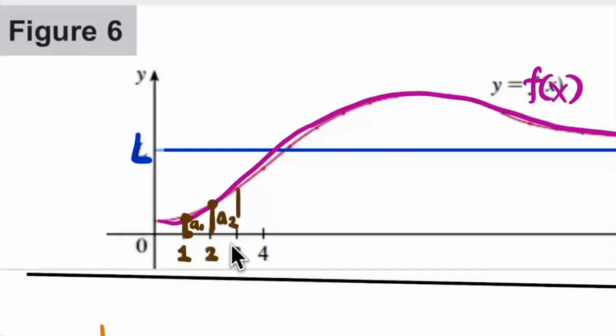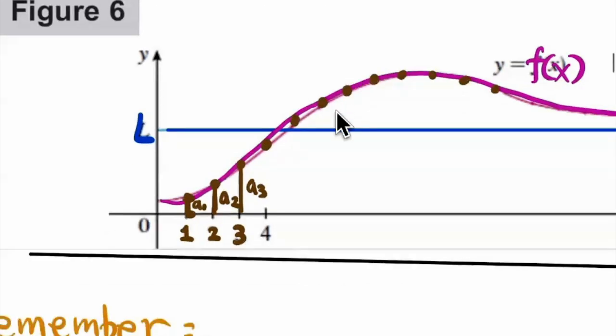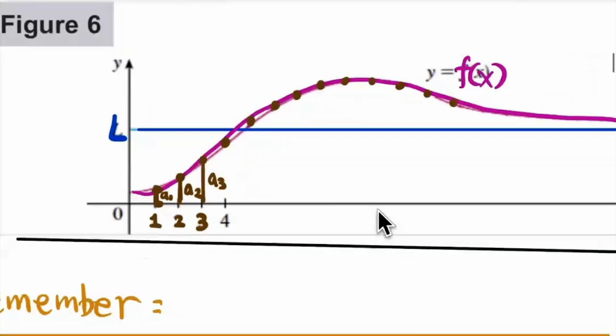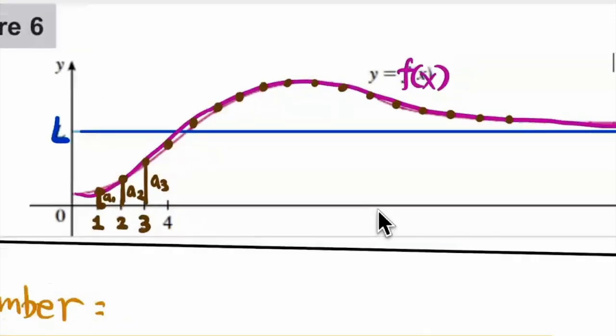And A3 will be this one, the y coordinate when x is 3, etc. Then you continue this way. The a_n will be the y coordinates of those points that have the index as the x value: 1, 2, 3, 4, etc. And you can see that those are some special points on the curve, right?